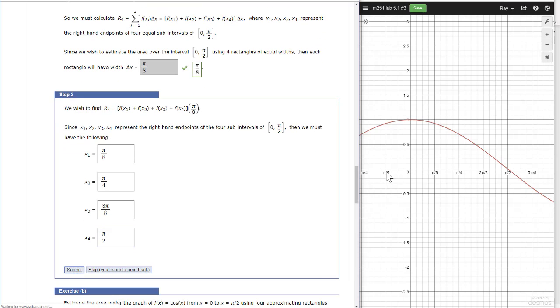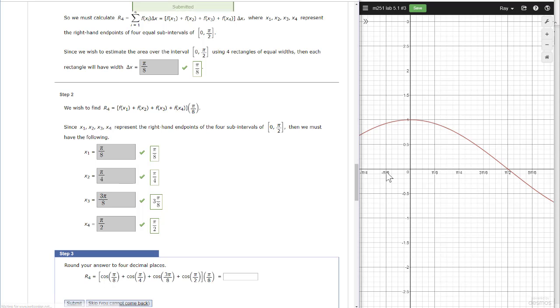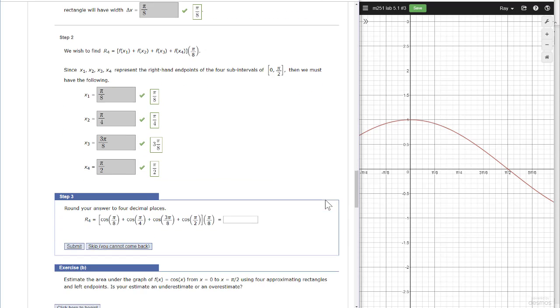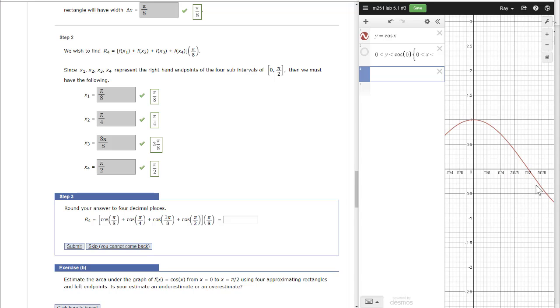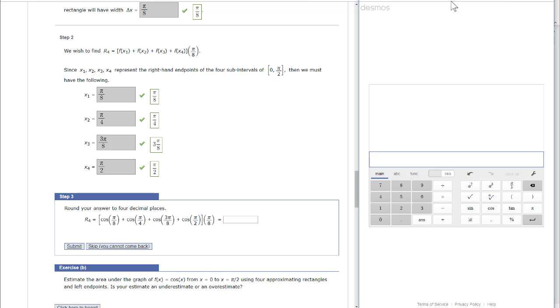So those are going to be our points that we will be putting into the function, and our function is a cosine function. So we want to put these into the function and then add them all up, and then multiply by the width, which is pi over 8. All right, for this we'll pull out our calculator. It turns out that Desmos has a scientific calculator as well, so let's go ahead and use that.